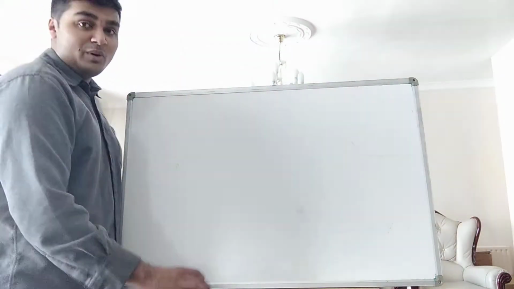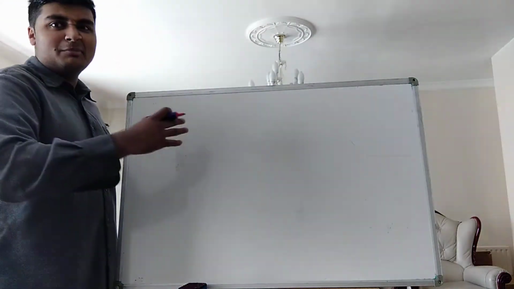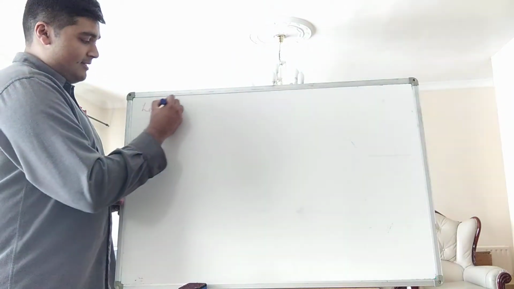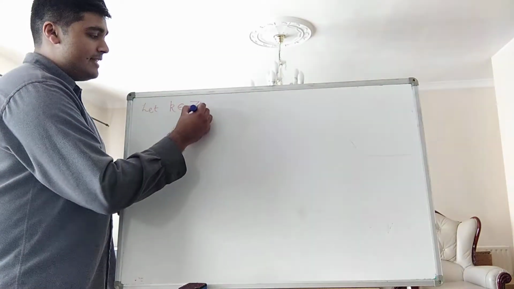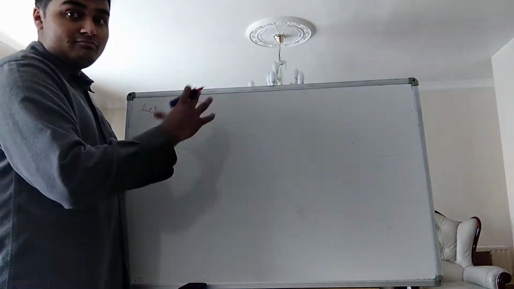We've already shown that it's true for 1 and 2 and 3. We want to show that it's true for all positive natural numbers. So suppose it's true for some number k. Okay, so suppose, let k be a positive integer. Well then we can assume it's true for k.